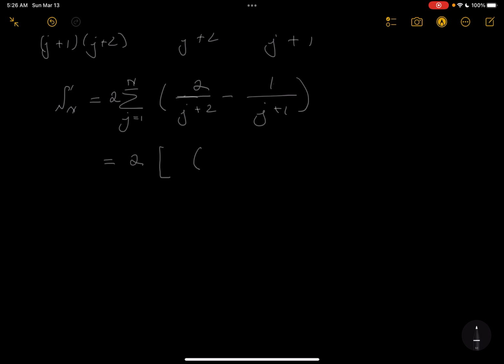So I'm going to write this down as 2 times, and that's going to be, let's see, 1 plus 2 is 3, right? So 2 over 3 minus 1 over 2, plus 2 over 4 minus 1 over 3.